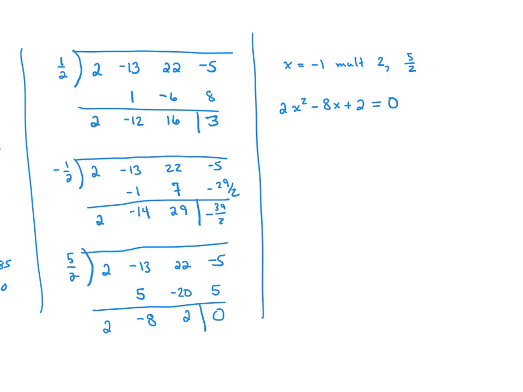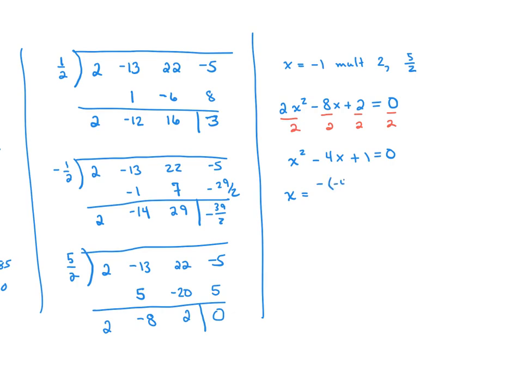Now we can go ahead and use a quadratic formula, or we can try factoring. Regardless, at this point, everything is divisible by 2. So this gives us x squared minus 4x plus 1 equals 0. That does not factor, so let's use quadratic formula.